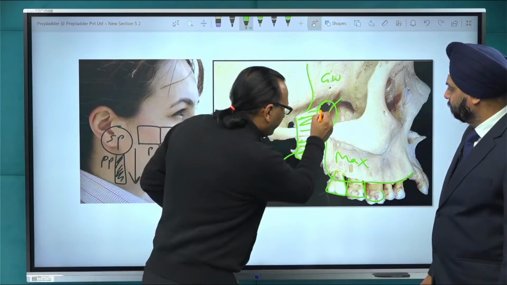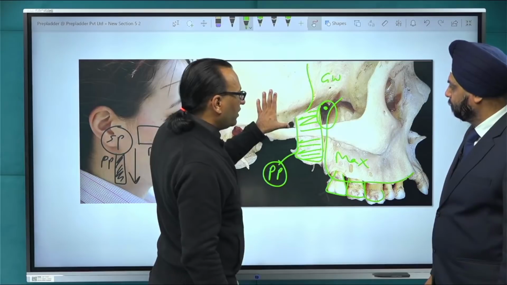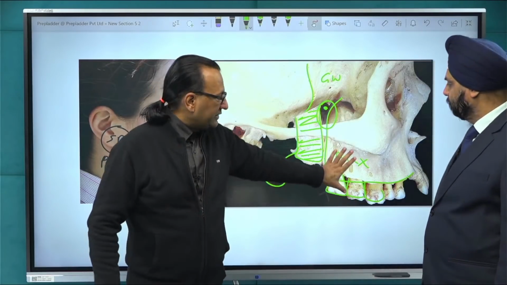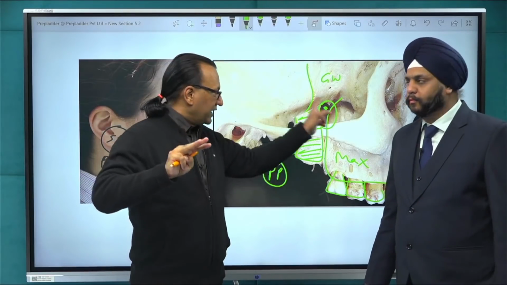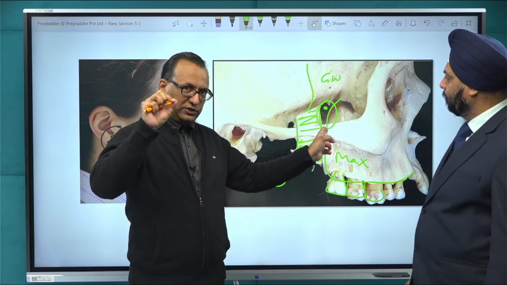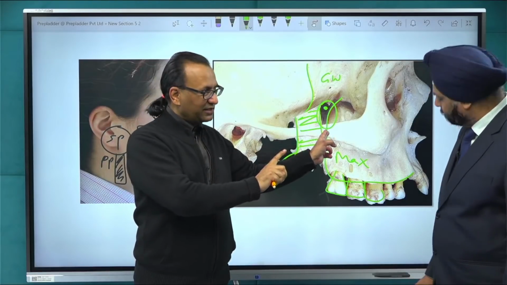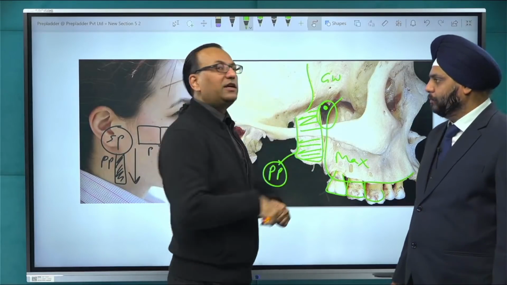And if you still go deeper, you'll find there is this sphenopalatine foramen. Maxillary artery supplies maxilla and upper teeth. The third part of the maxillary artery is in the pterygopalatine fossa. The end branch, sphenopalatine artery, the artery of epistaxis, passes through the sphenopalatine foramen to enter the nose.